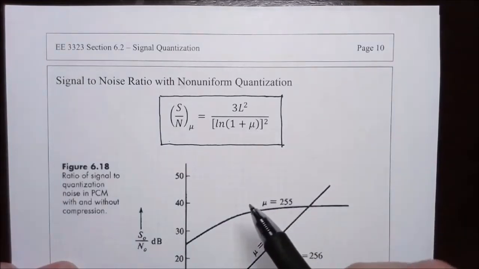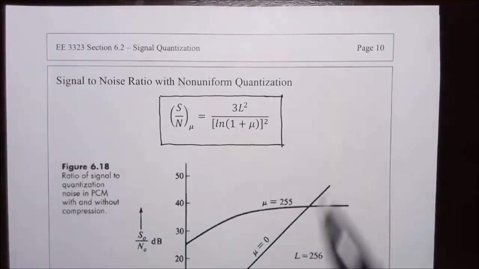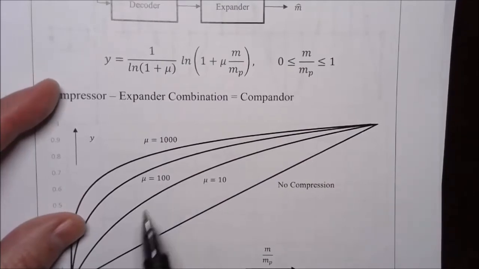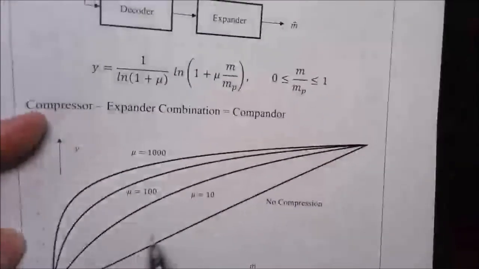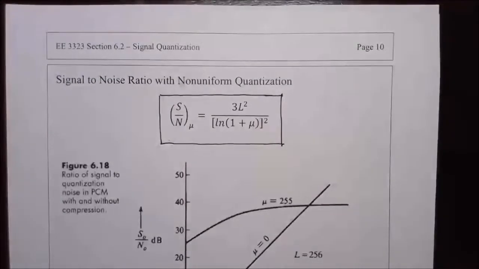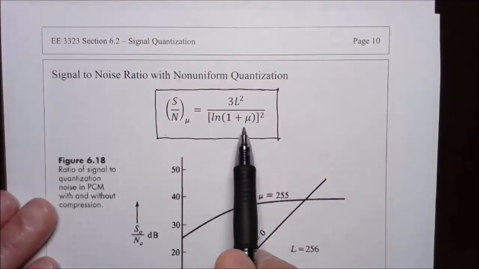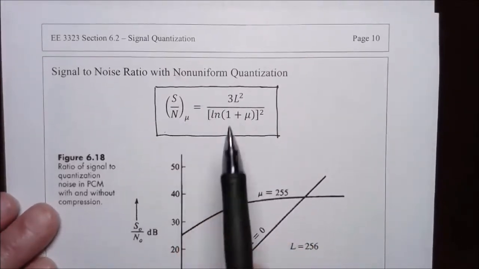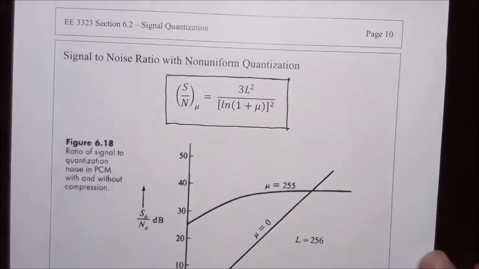Mu is the compression factor, which could be, as we saw in this chart, values of mu at 10 and 100 and an extreme at 1,000. So mu would have a number somewhere around 100 or so, depending upon our system. So we take the natural log of 1 plus mu and then square that result, and that's in the denominator of this fraction. And this will give us an equation for the signal to noise ratio.